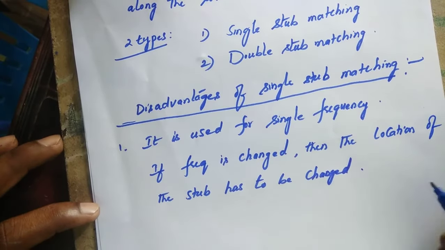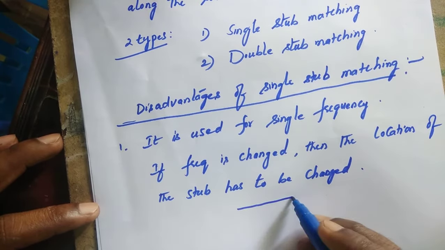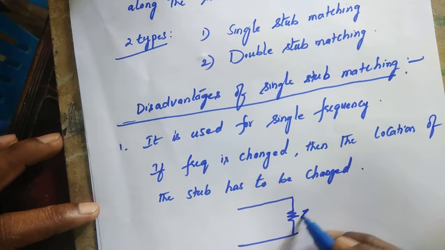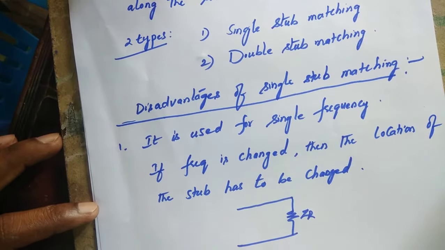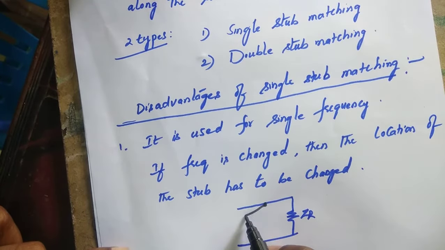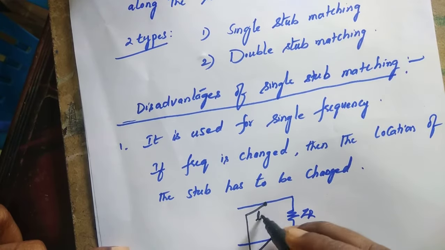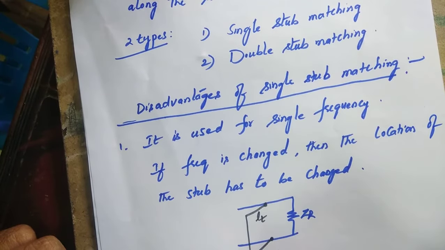See here, we have a main transmission line and it is ended with a load ZR, and here we have a single stub, a short section whose length is LT and the location of the stub is LS.